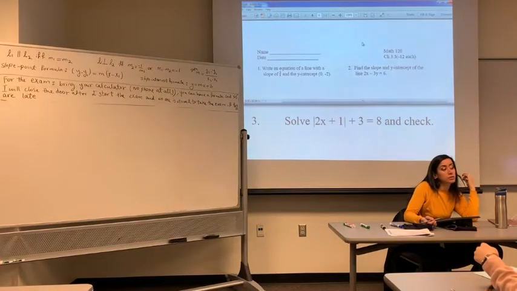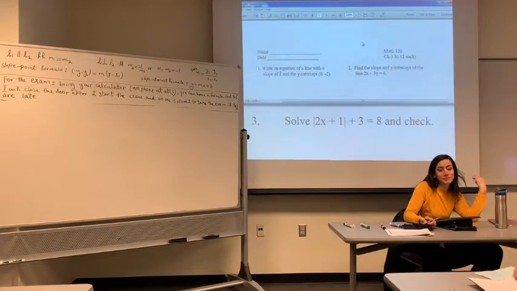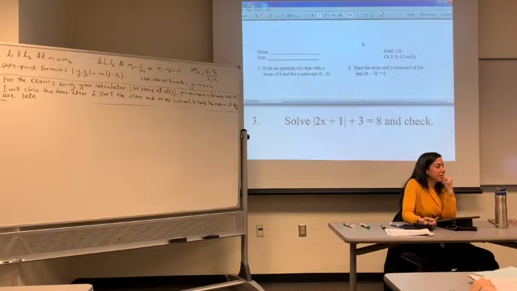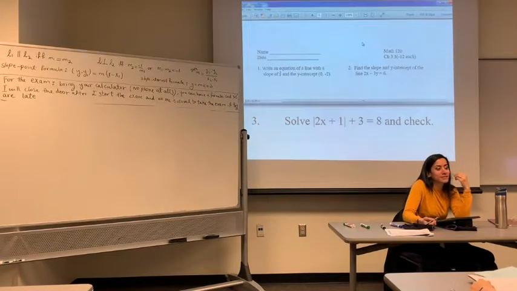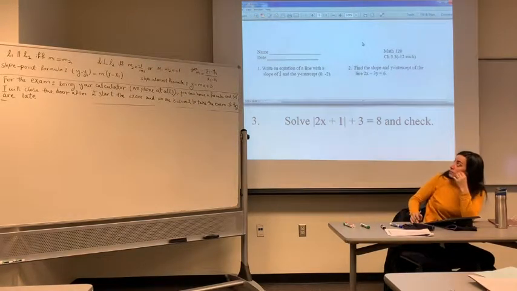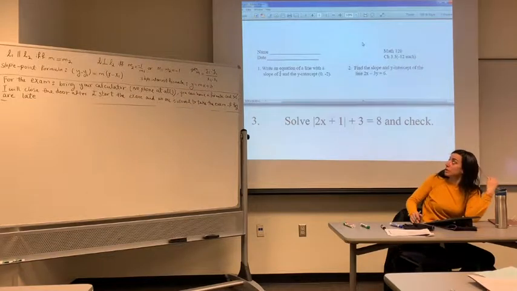Who else wants to solve it on the board? You already did. Who else? Which question? Write an equation of a line with a slope of 3/4 and intercept of 0, -2.